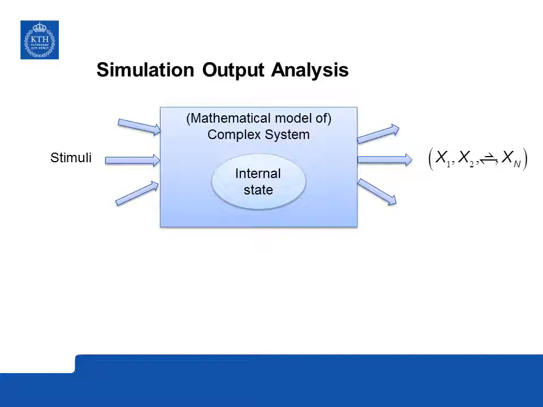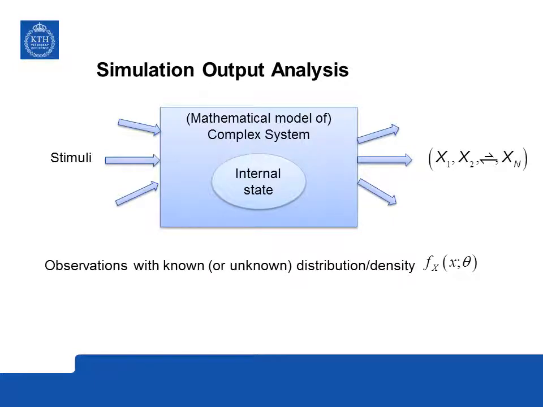Normally, we are not so interested in all these random numbers. We actually want to say something about the statistical properties of these output data. So we see these x1 to xn as observations of a random variable X with a distribution or density function f_X, which may contain some known or unknown parameter theta.